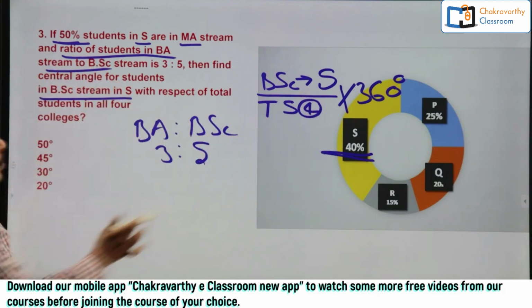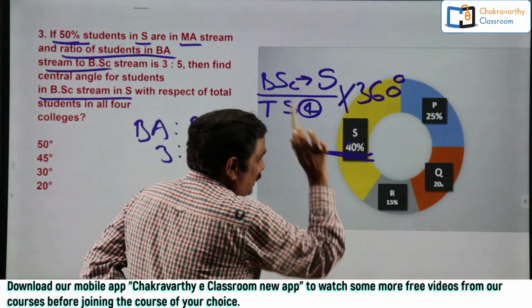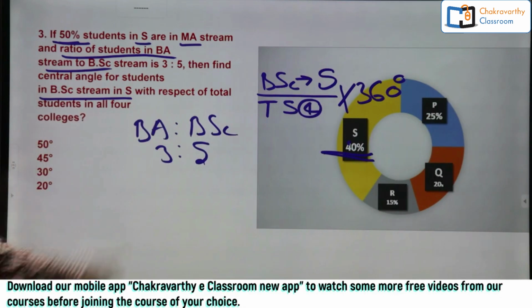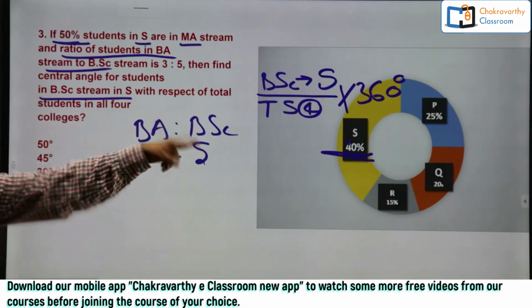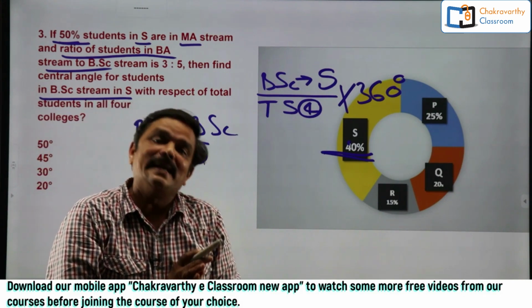So 40% divided by 2 is 20%, 20% of 400. 400 divided by 5 is 80.